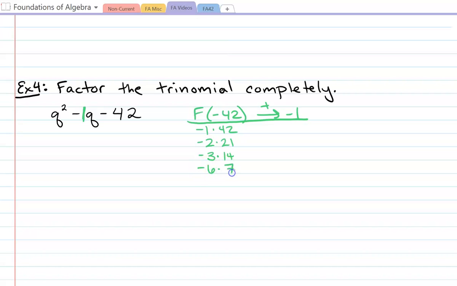There we go. Negative 6 times 7 is negative 42, and that's much better. We add those, negative 6 plus 7, that's positive 1. So what about 6 times negative 7? Add those, 6 minus 7, that's negative 1. Okay, there we go. So there's our pair. So we put it into our form.